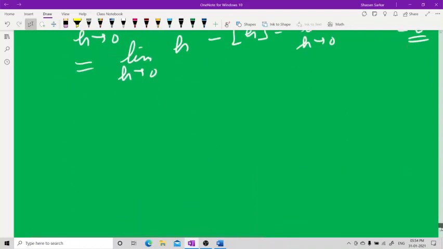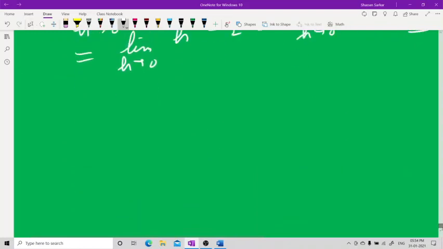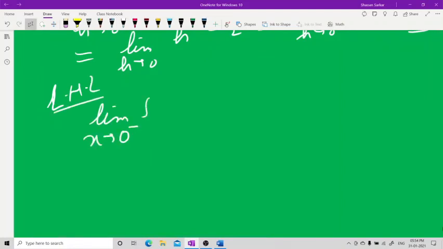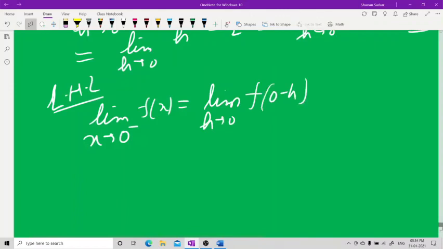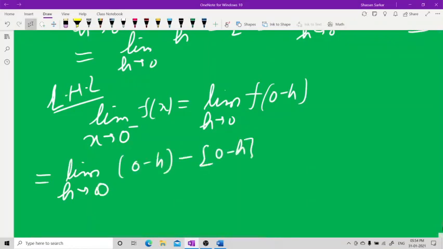Now the next part is the LHL; that was the RHL. Limit x tending to 0 minus f(x). So you write limit h tending to 0 of f(0 minus h). This comes out to be limit h tending to 0 of 0 minus h minus greatest integer of 0 minus h, that is minus h minus greatest integer of minus h.